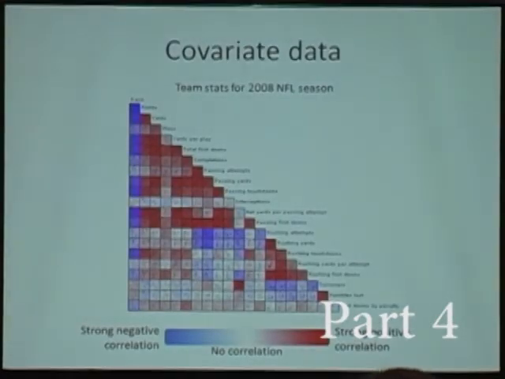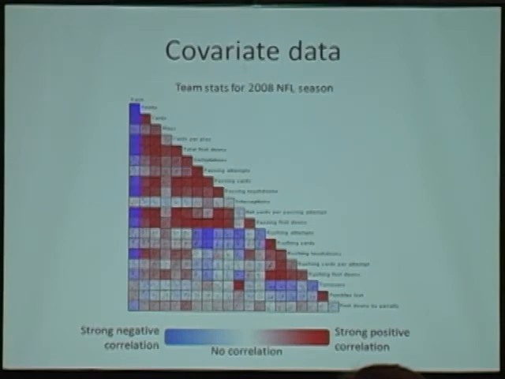Okay, so correlation data. This is taking multiple features of a data set and plotting them together to make a new statistic. This is showing the stats from the 2008 NFL season, all of the different properties that the teams acquire through the course of the season, and showing them with the small multiples technique.